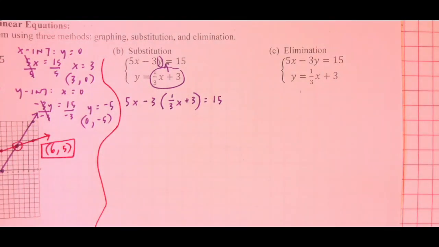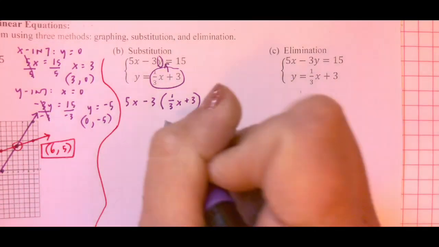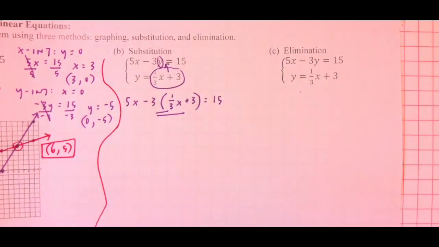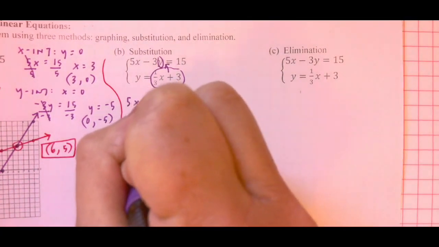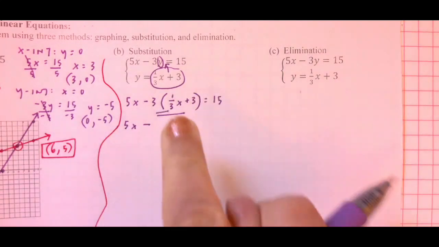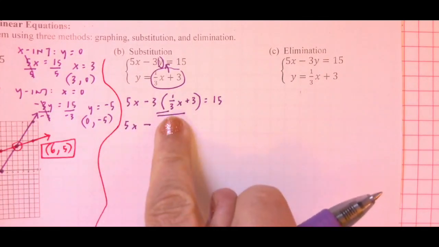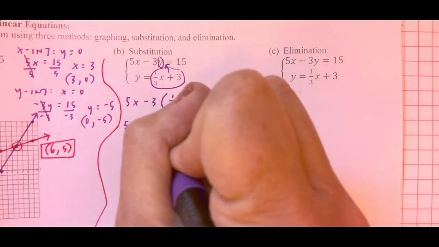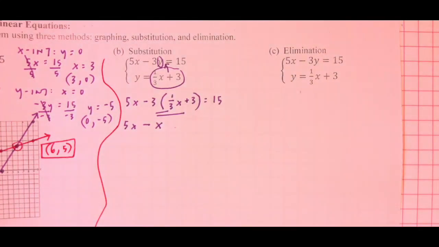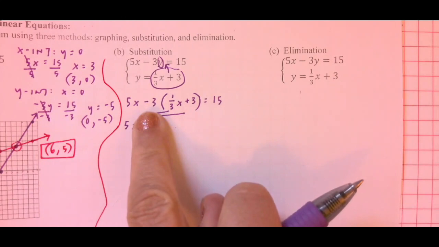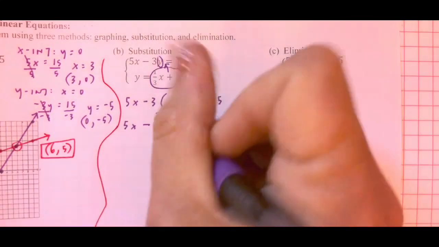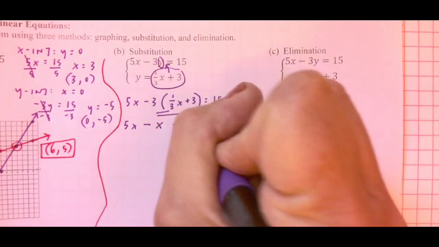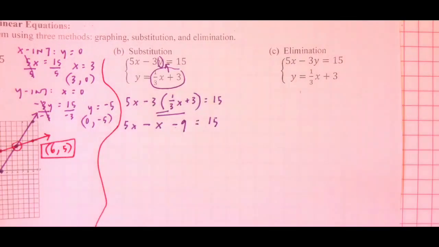So the whole point of doing that is to create a one variable equation. Now I want to solve for x. So I distribute that -3. So 5x minus, -3 times 1/3 is just 1, so minus 1x. We usually just write that as x. -3 times +3 is -9, and then equals 15.